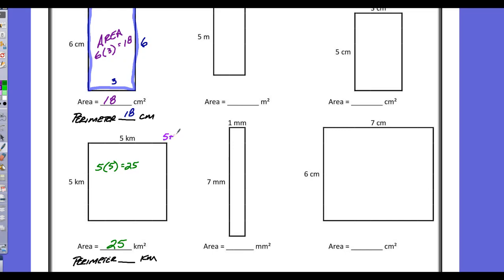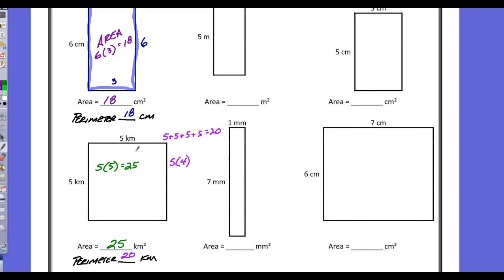You could do 5 plus 5 plus 5 plus 5 to get 20. That's the perimeter. Or you could do 5 times 4. Since all the sides in a square are the same length, we could multiply those together.